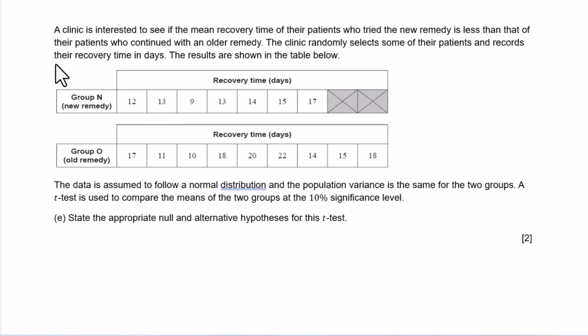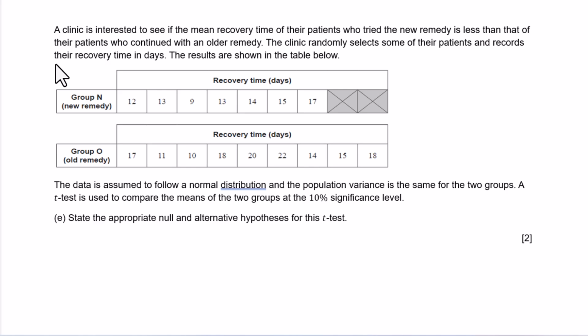A clinic is interested to see if the mean recovery time of their patients who tried the new remedy is less than that of their patients who continued with an old remedy. The clinic randomly selects some of their patients and records their recovery time in days. The results are shown in the table below.